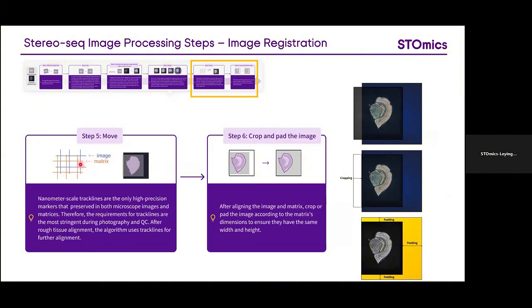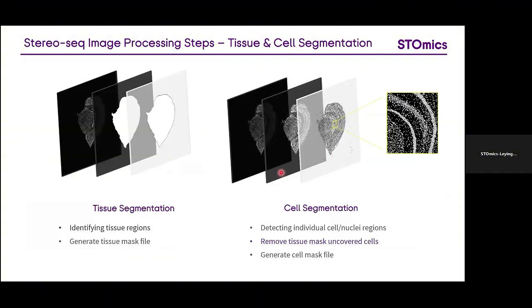After that, in step 6, the image is cropped and padded to make the image and matrix share the same shape and size, and also the coordinate system. So now we have got our registered image.